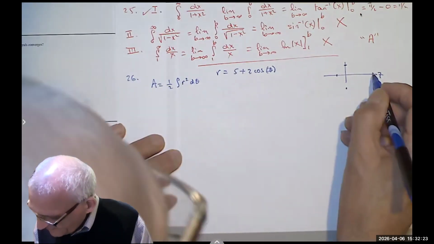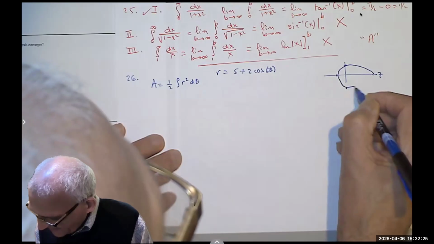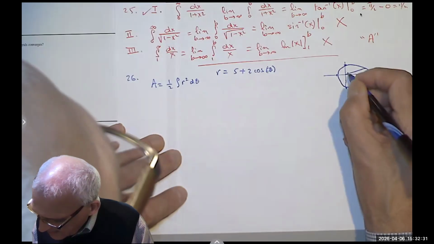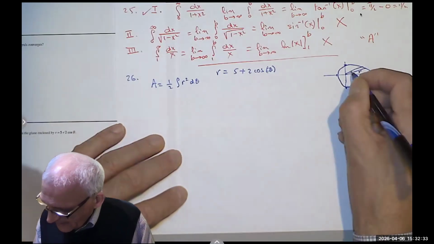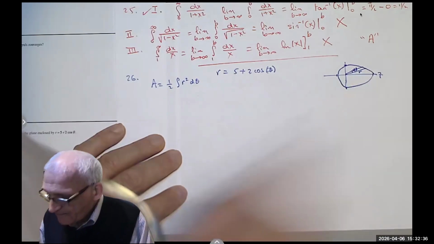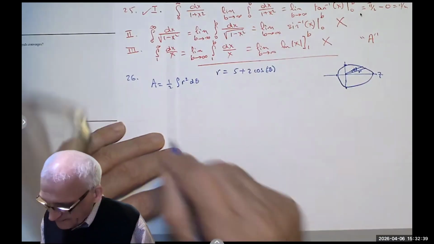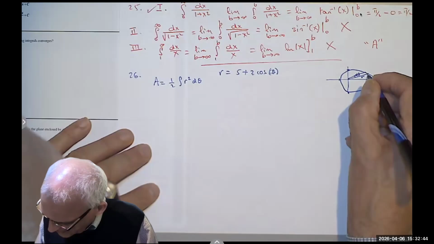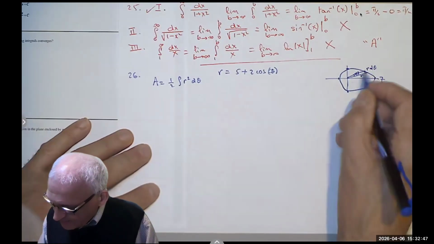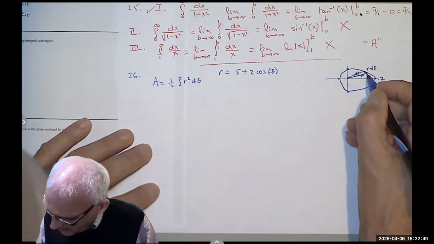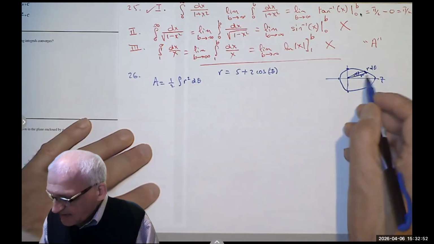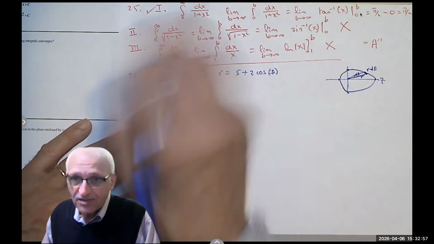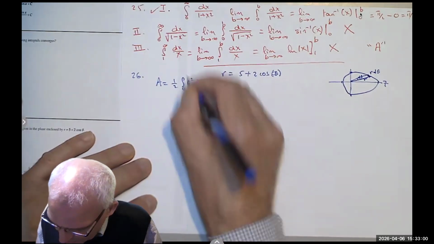If I have something like this, this is r and this is d theta. This distance would be r d theta, and this would be a triangle with a base of r and a height of r d theta. So its area is 1/2 r d theta, or 1/2 r squared d theta. You integrate to get it from 0 to 2 pi.